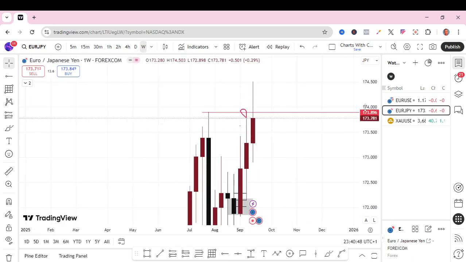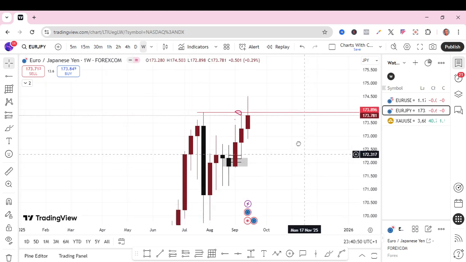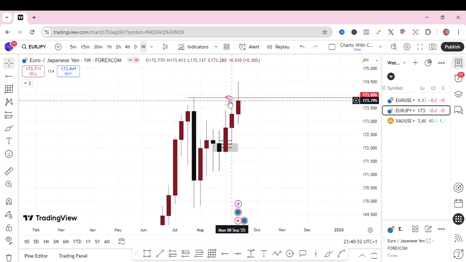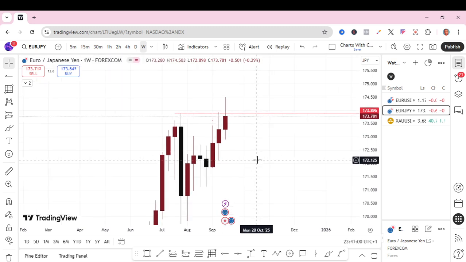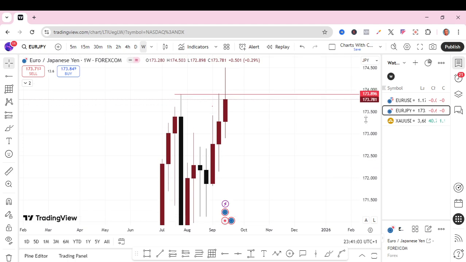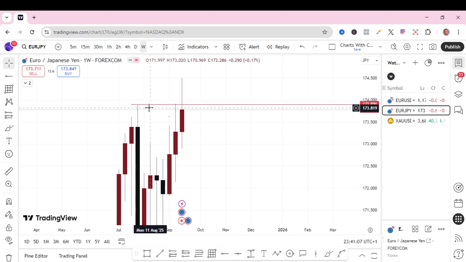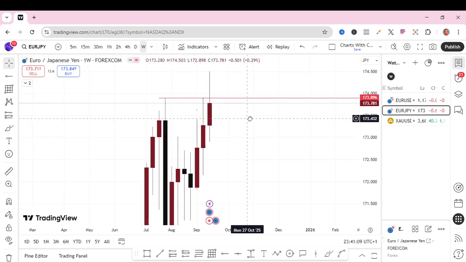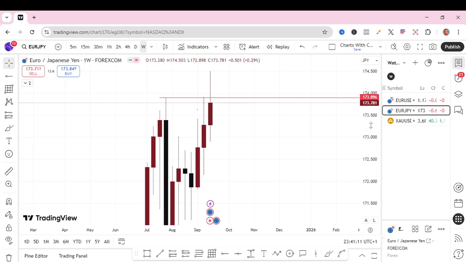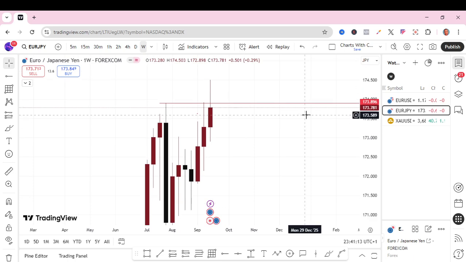Let me start from the weekly time frame as well. So let me take this off, and this. So what should we be expecting for next week's price action on EURJPY? We've seen clearly that price has taken out this high on the weekly time frame.